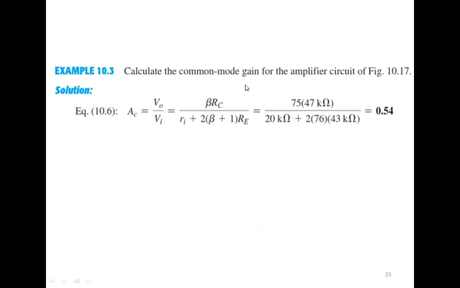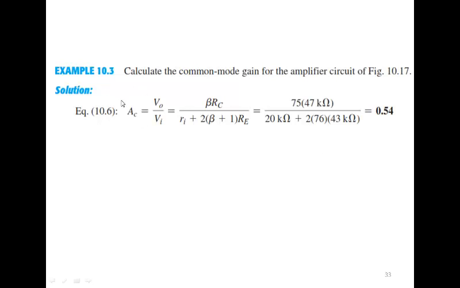So for example, calculate the common mode gain of the amplifier for the circuit shown in figure 10.17 of example 10.3. Then by using the above equation, I can plug in the values of the circuit, in which we are given beta equal to 75 and RC equal to 47 kilo ohm, and RI I can compute as 20k, that is given in the example, and by plugging the values of beta and RE, we end up with the gain of value 0.54.